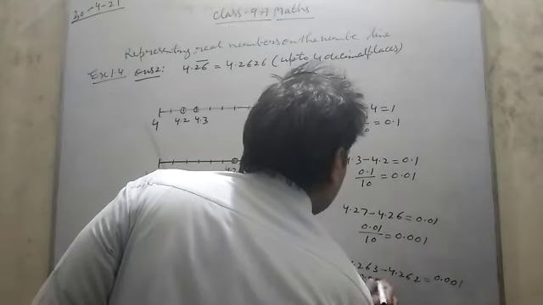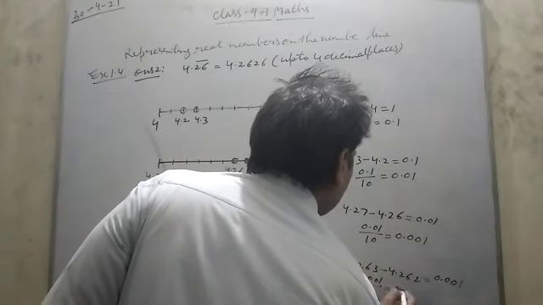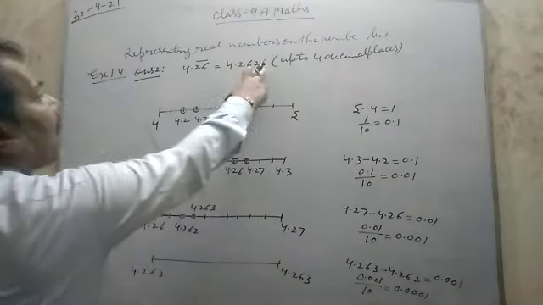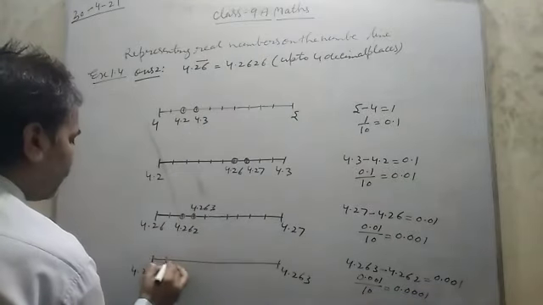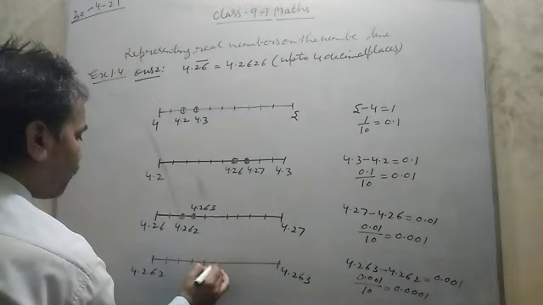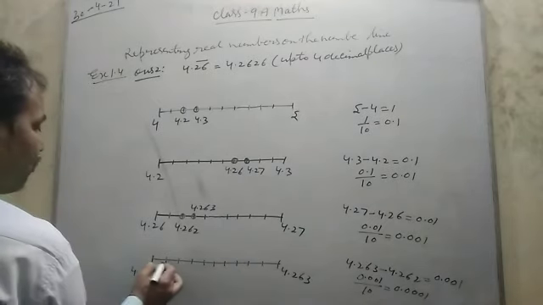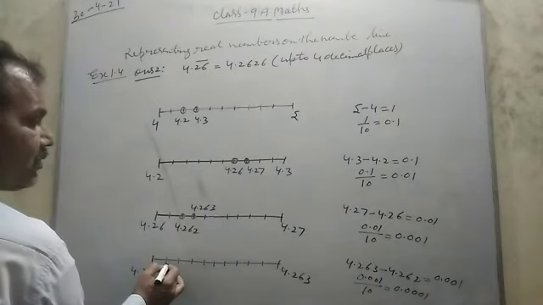And this is divided into 10 equal parts, so 0.0001. Okay. So the last digit is 6. So divide into 10 equal parts: 1, 2, 3, 4, 5, 6, 7, 8, 9, 10. Okay. So one part is 0.0001.